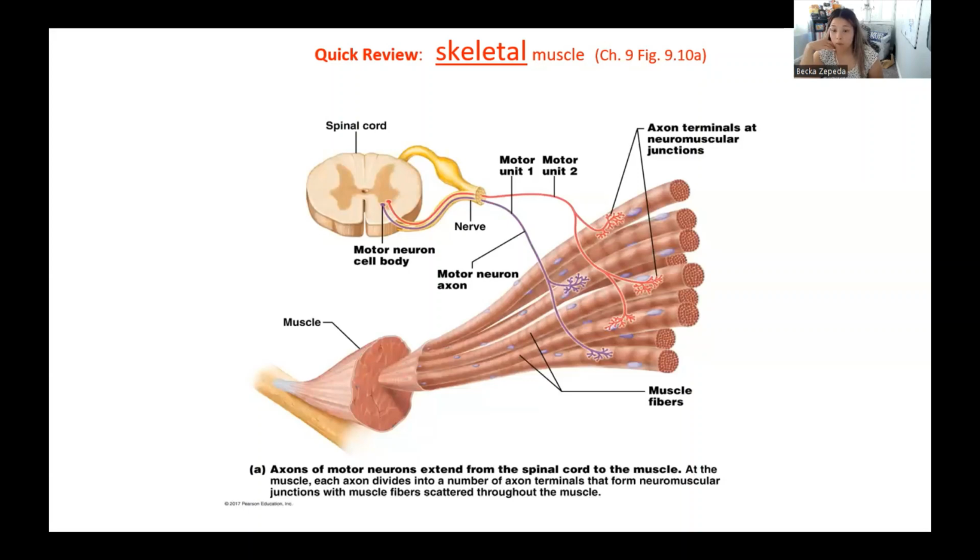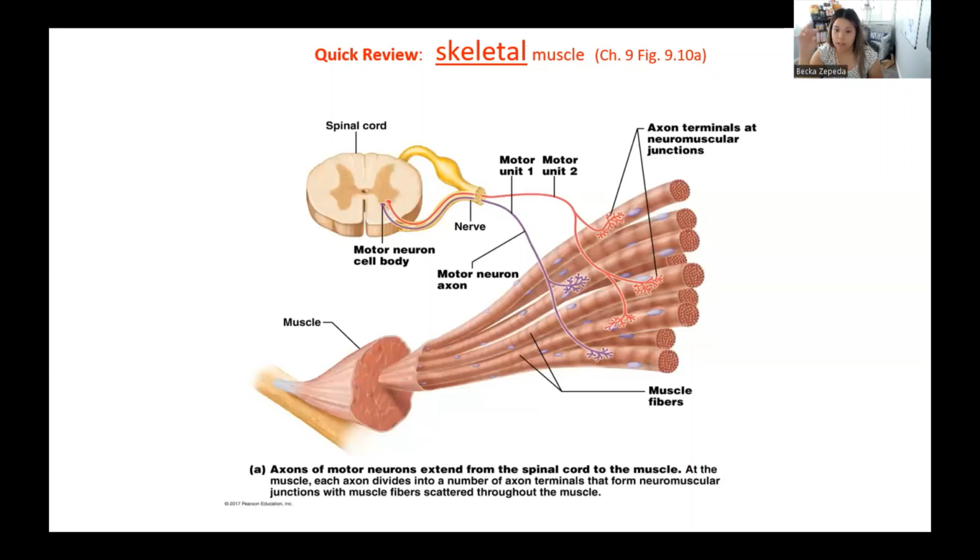However, for things like your fingers that need to have very precise movements, or your eyes that need to be able to move very quickly and very precisely, those motor units will probably only be controlling a couple of muscle fibers at one time, and that allows it to have really precise movement versus one motor unit controlling many muscle fibers for just bulk movement, for just standing up or for just walking.